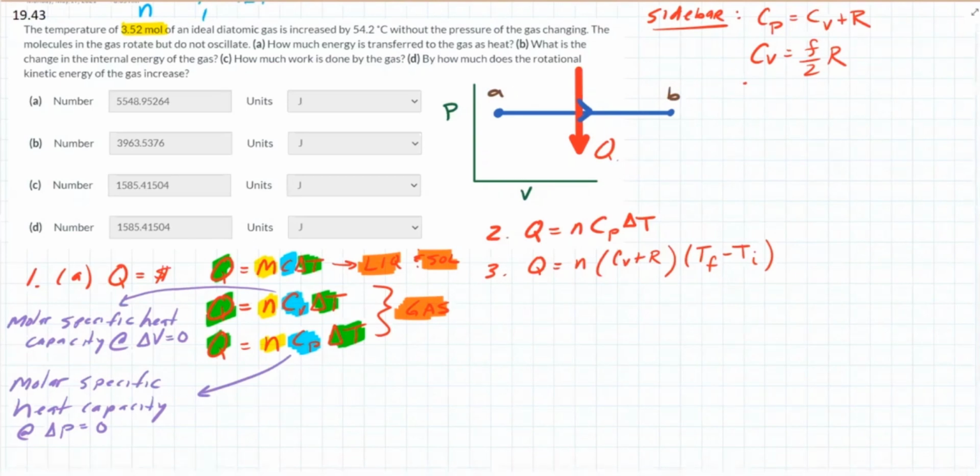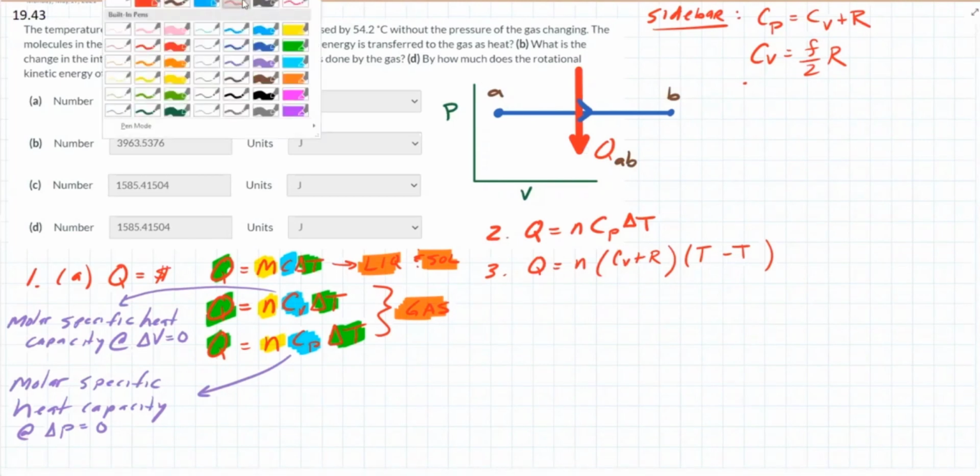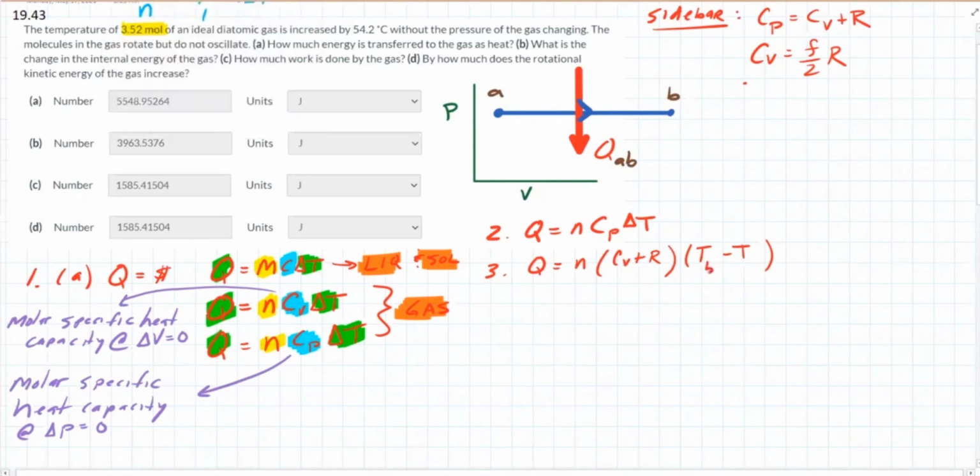How much heat is invested in this system as it goes from some initial state A to some initial state B? And do I need to update anything more? Yeah, I do. I just want to be consistent. And I don't want to be confusing because this stuff is new. All right, this is going to be T subscript B minus T subscript A.